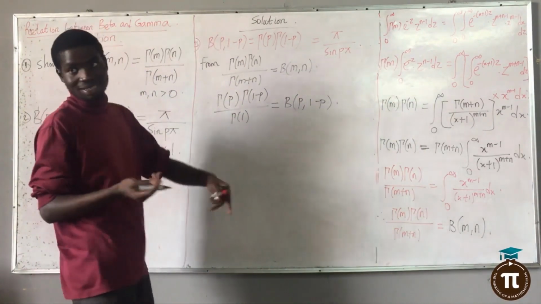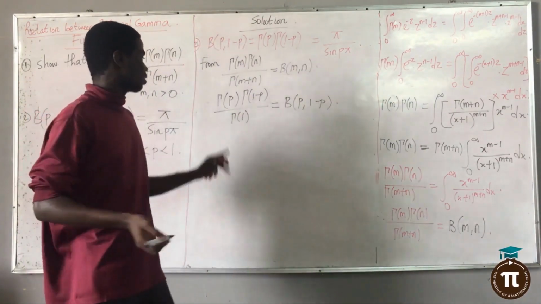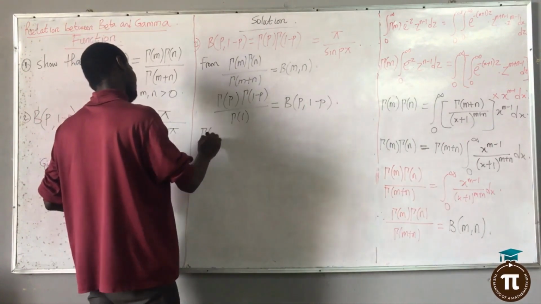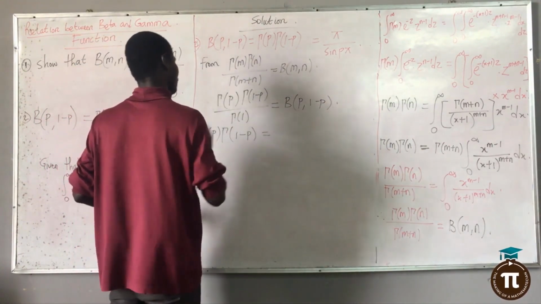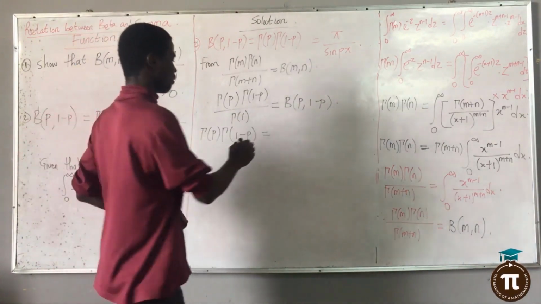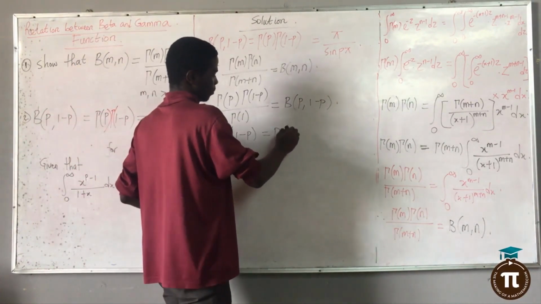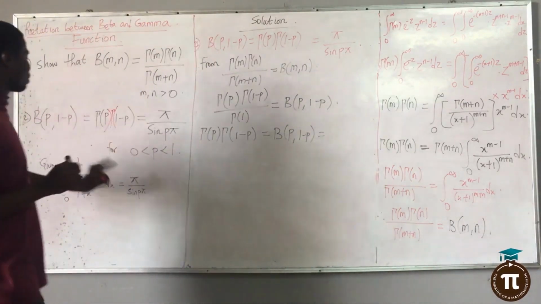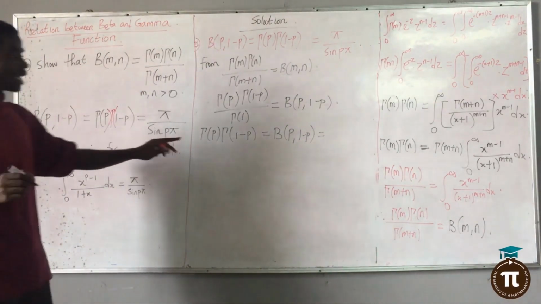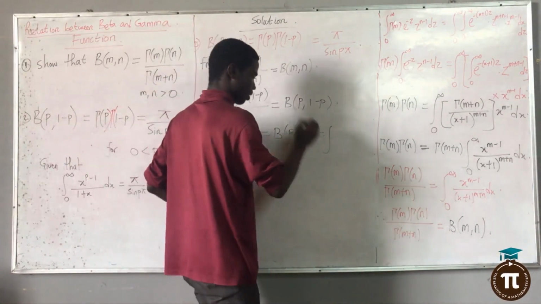So gamma of 1 is 0 factorial, that is 1. So I have gamma of p, gamma of 1 minus p equal to beta of p comma 1 minus p. So that is what I proved. Now this is equal to an integral.